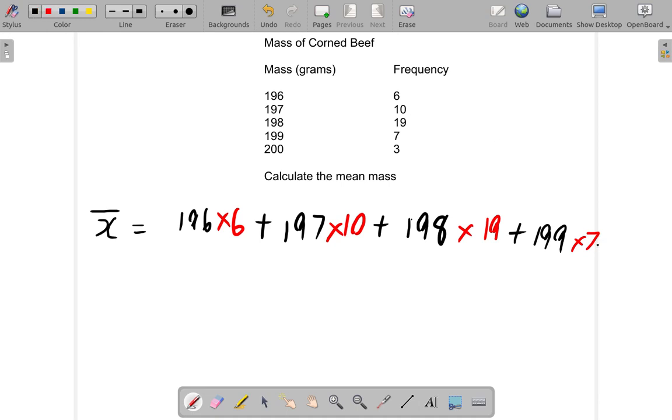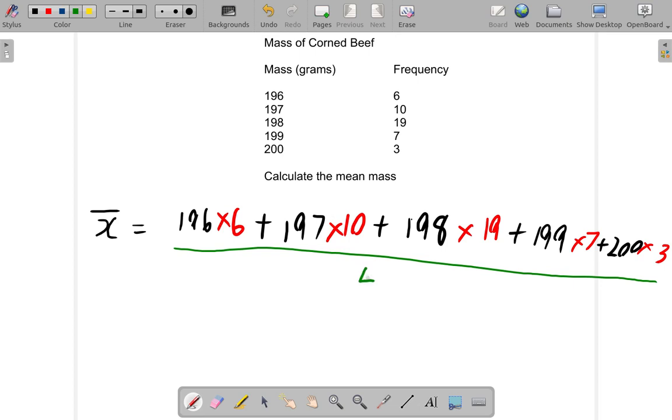Alright? Plus, then you have 200 grams, and you multiply that by 3. So all of that will be divided by the total number. When you add up the frequencies, what you got earlier was 45. That's what you will have to do. Alright? So bar x equals. What I want you to do now is pause and finish this. Go.